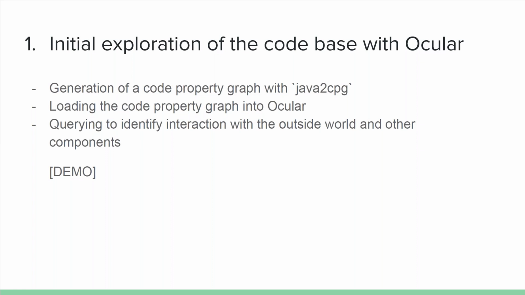That's a program that takes Java bytecode and converts it into code property graphs, so into our internal intermediate representation that we can then query. We will then see how this code property graph is loaded into Ocular, and we'll run a bunch of different queries to see how the code can be accessed from the outside world and how it interacts with other components.